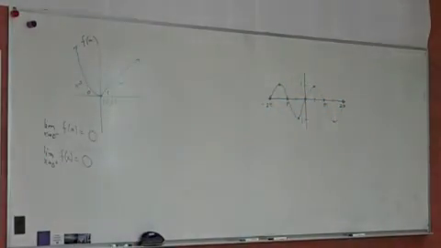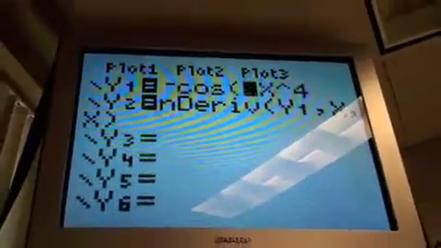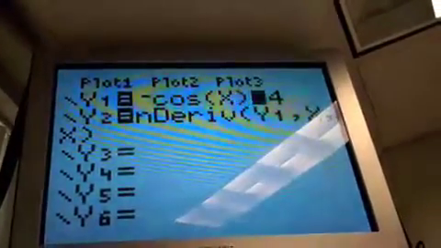All right, let's take a look at this one. Everyone should be in radians because we're never leaving radians the rest of the year.